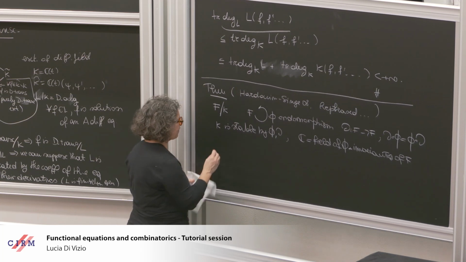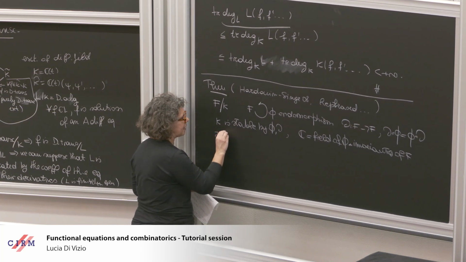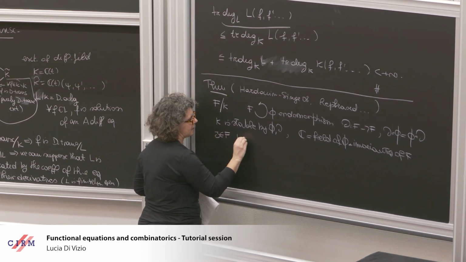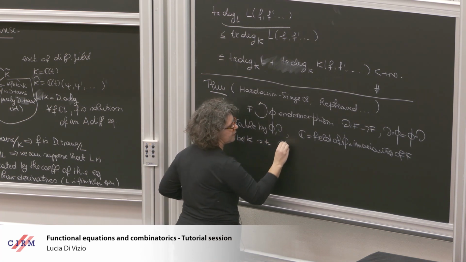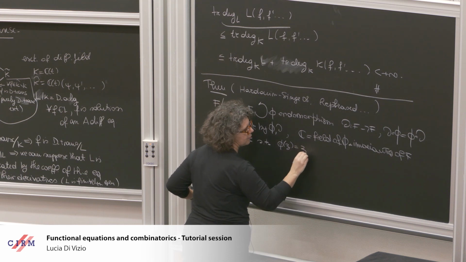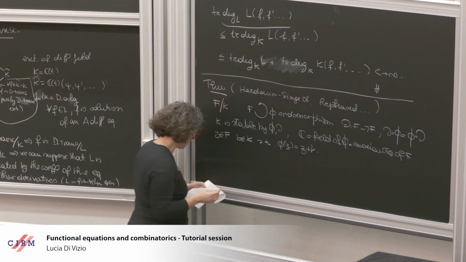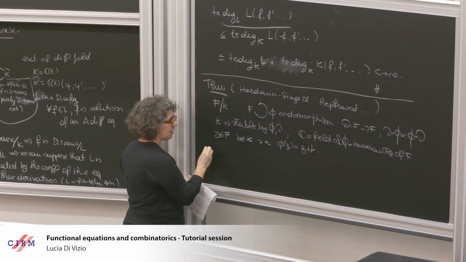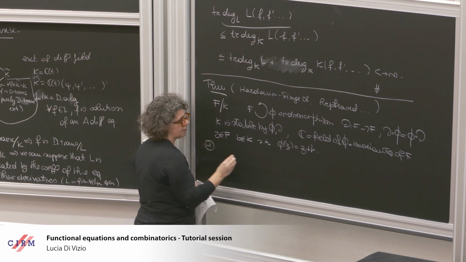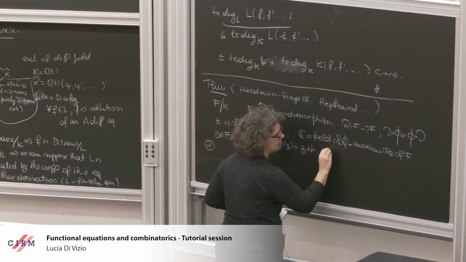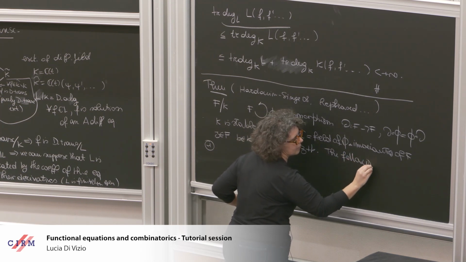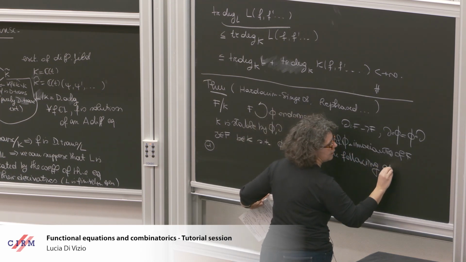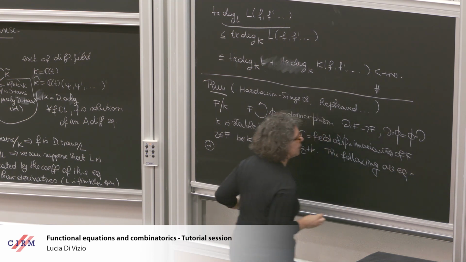And suppose that you have Z in capital F and B in K, such that phi of Z is equal to Z plus B. Then the following are equivalent.